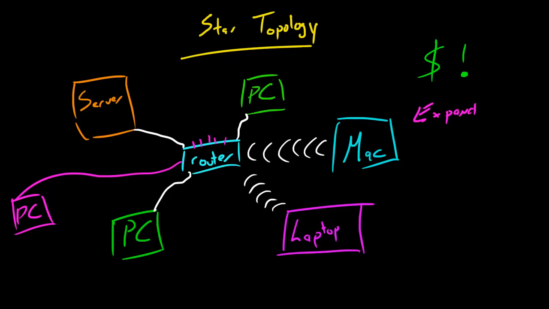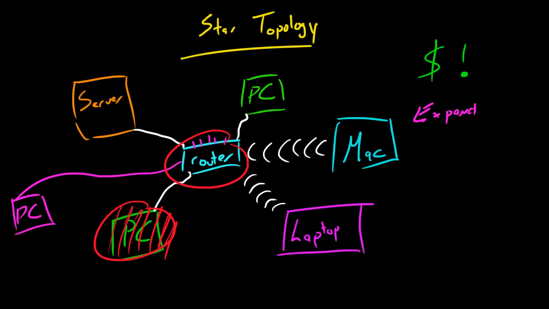And the last thing that I want to point out, which I should have mentioned earlier, is that another reason people like this so much is because whenever one node goes down, maybe you have a break in the Ethernet cable right here because your dog ate it, or maybe your PC got a virus and is messing up the system, the rest of the network still works.